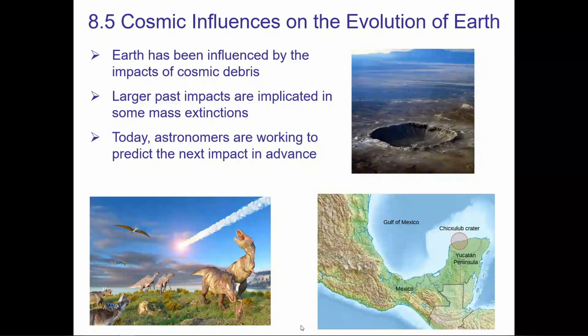For example, NASA also has a spacecraft called the Double Asteroid Redirection Test. This will basically try to redirect the path of the asteroid, to make it go away from a path that aims towards the Earth.